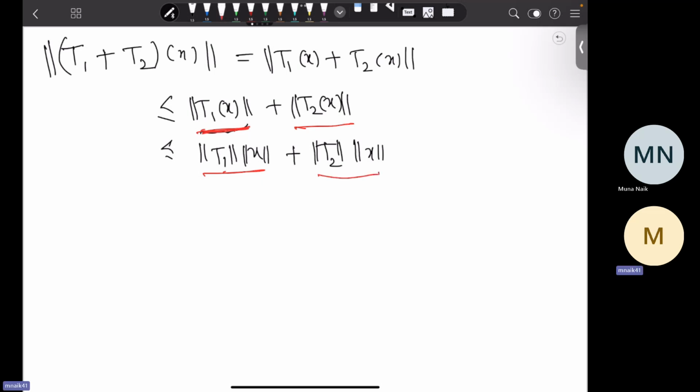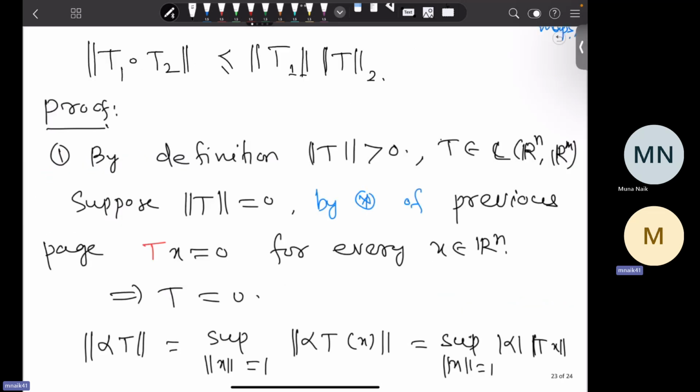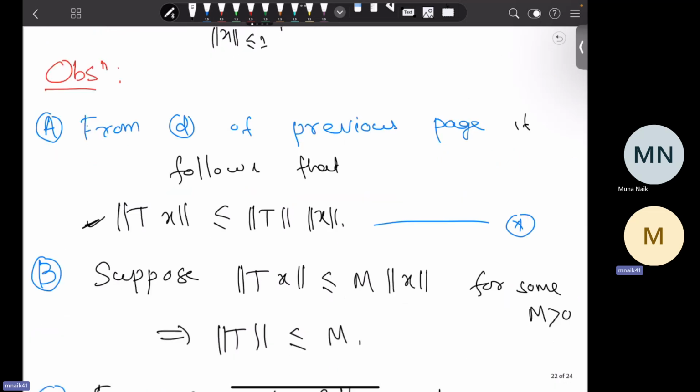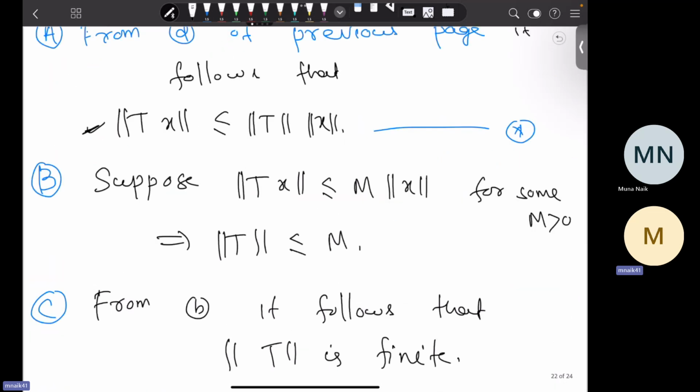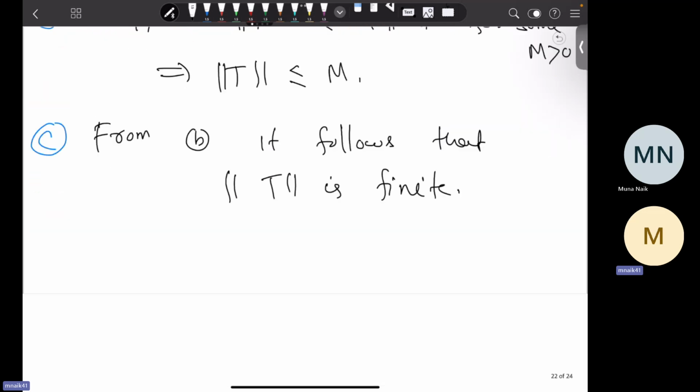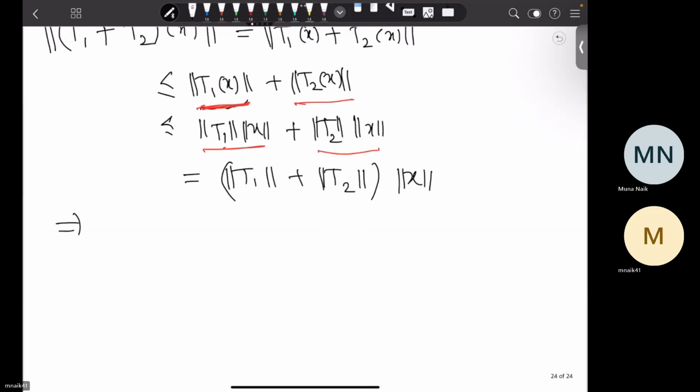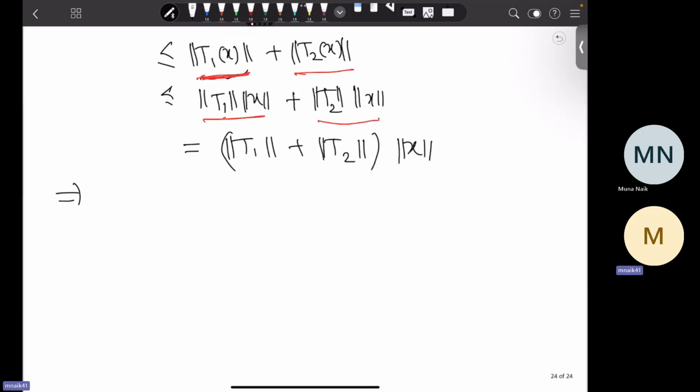So this will be the norm of T1 plus the norm of T2, times norm x. Now I told you a simple observation: if the norm of Tx is less than or equal to m times norm x, then the norm of T is less than or equal to m.